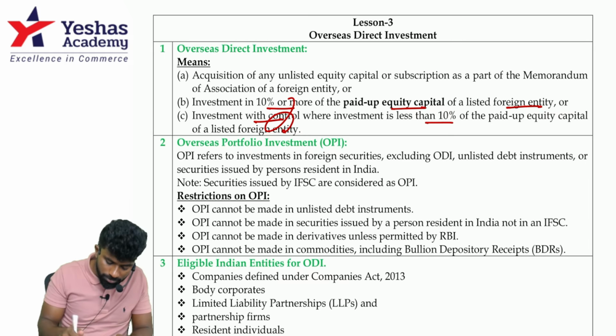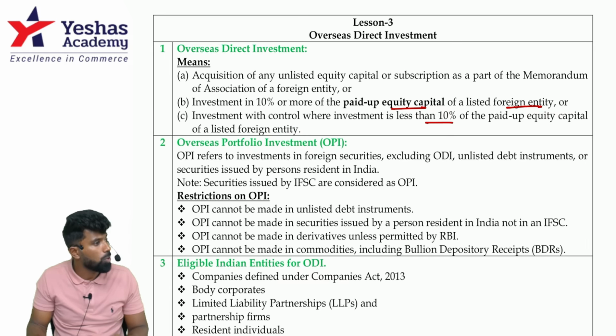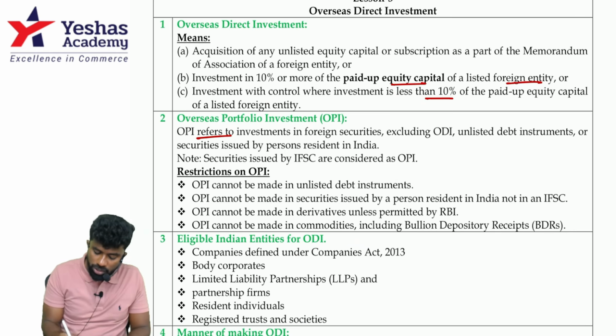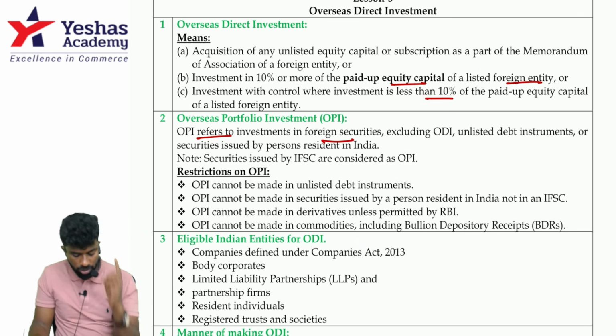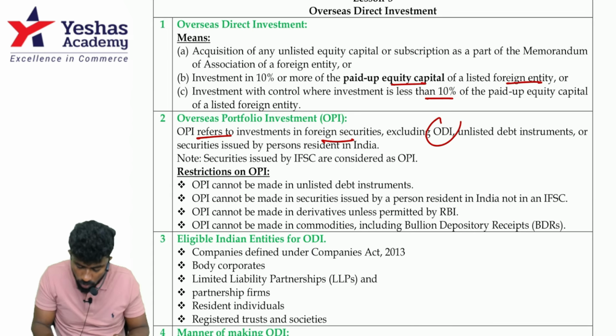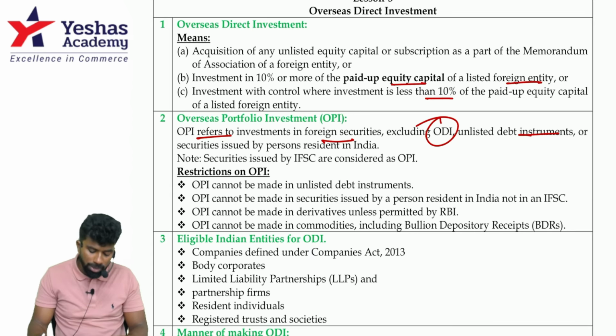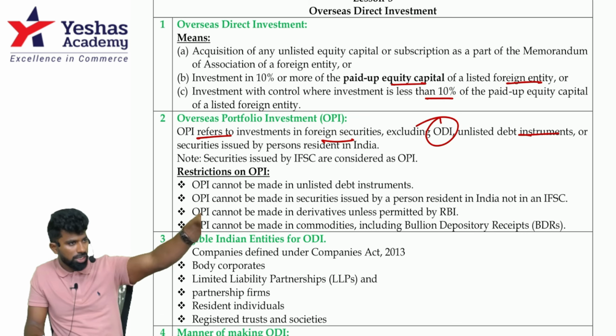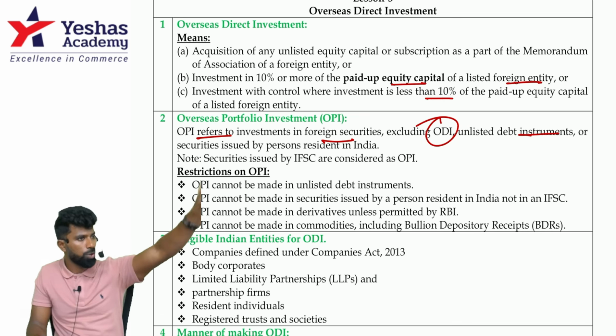Next one is OPI. What is OPI? Overseas portfolio investment. OPI refers to investment in foreign securities, excluding ODI, unlisted debt instruments or securities issued by a person resident in India. If it is equity shares of an unlisted company, it is ODI.